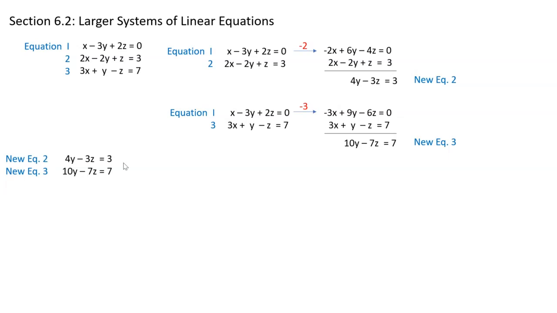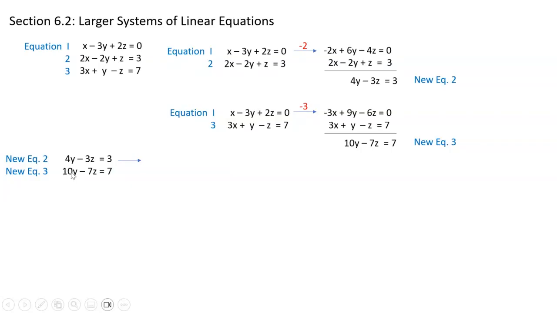I always tell my students, don't worry about the least common multiple, the lowest number that both 4 and 10 can go into. I know it's 20, but you don't have to do it that way. What you can do here is multiply equation 2 by negative 10, and equation 3 by 4.